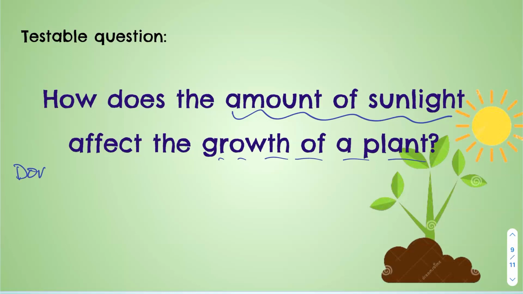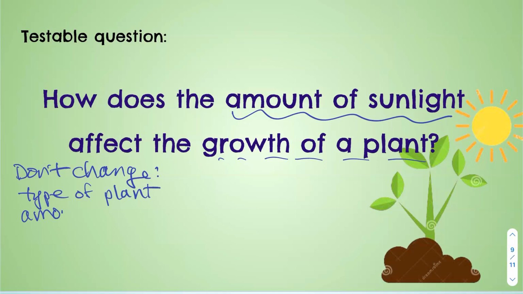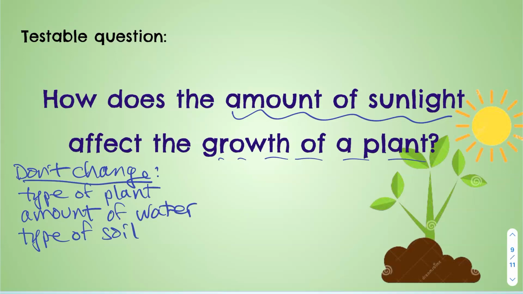So for this example, we would not want to change the type of plant, for example. So run your experiment on the same types of plants. The amount of water that we give the plants, the type of soil that they're growing in, right? We could go on and on about the things. These are all the things that we need to keep the same if we're going to be able to determine if our dependent variable was caused by the independent variable.